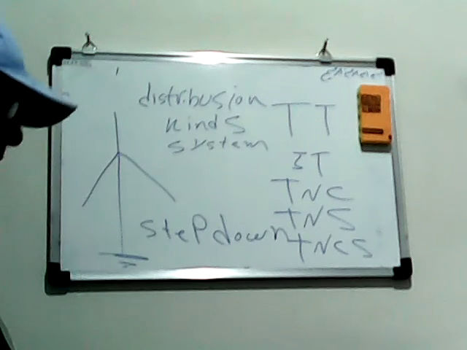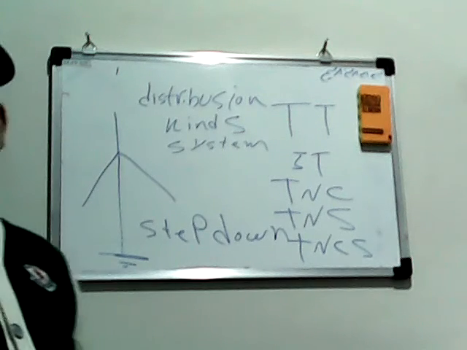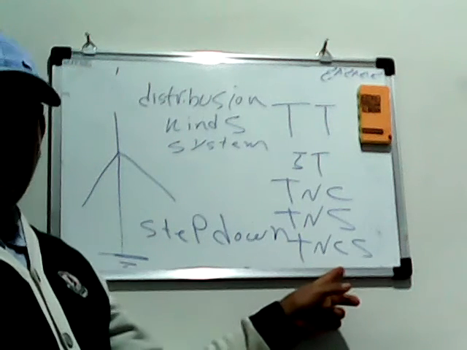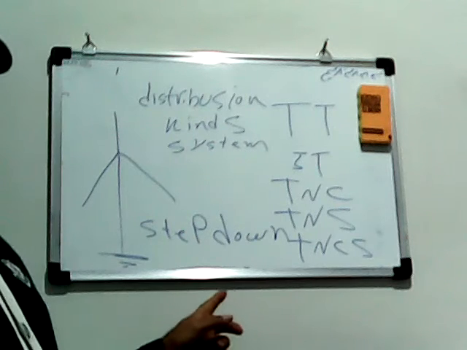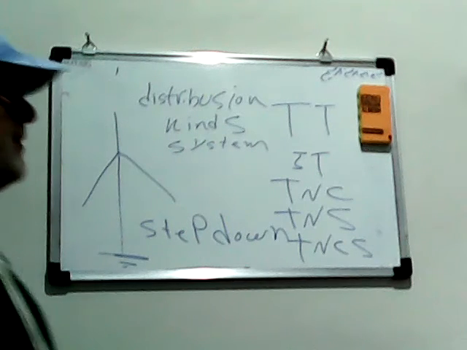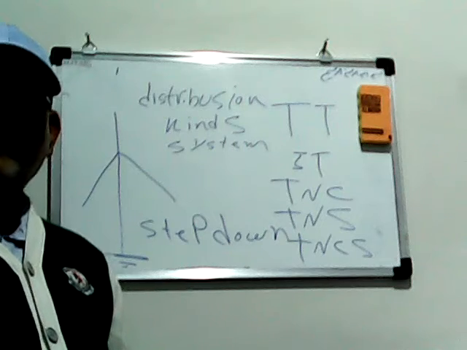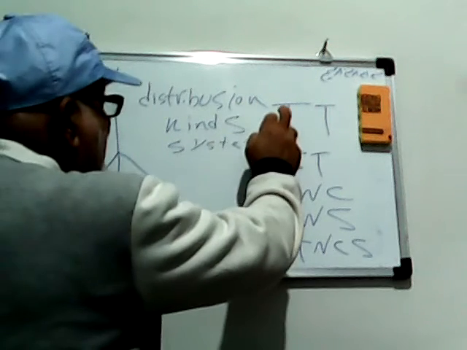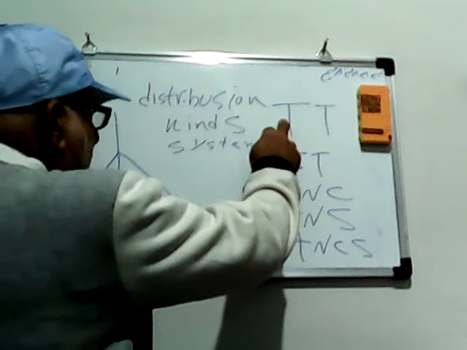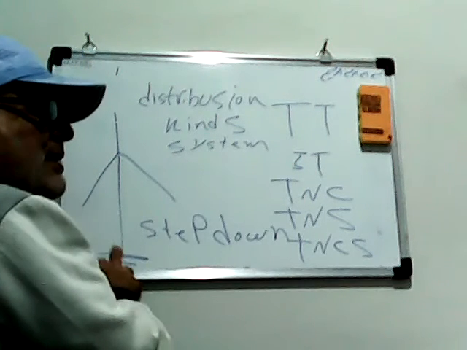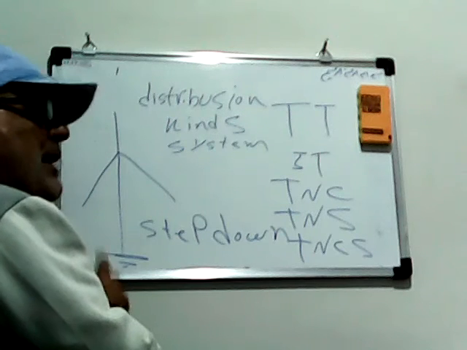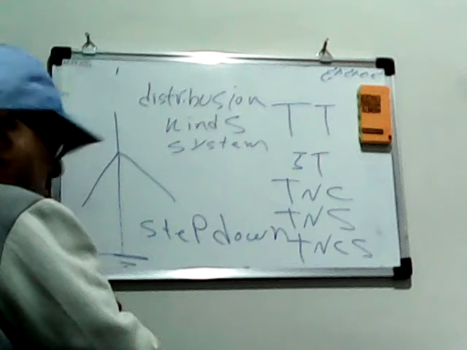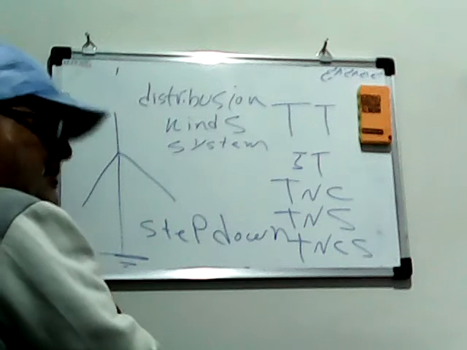First, I have to describe and explain for you what the letters mean. If the first letter is T, it means we have an earth electrode at the transformer post and we use it.